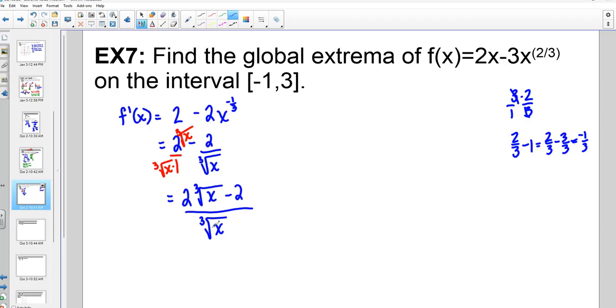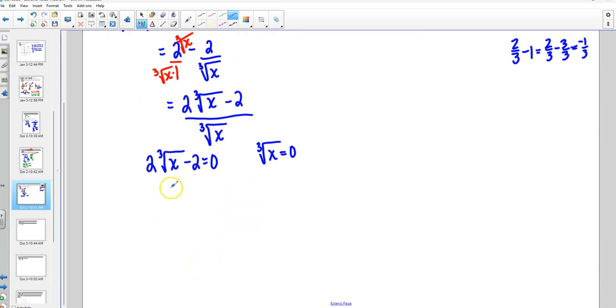For critical numbers, I'm going to set the numerator equal to 0 and the denominator equal to 0. So I'm going to have 2 cube root of x minus 2 equals 0, and I'm going to have the cube root of x equals 0. So 2 cube root of x equals 2 whenever I add that over.